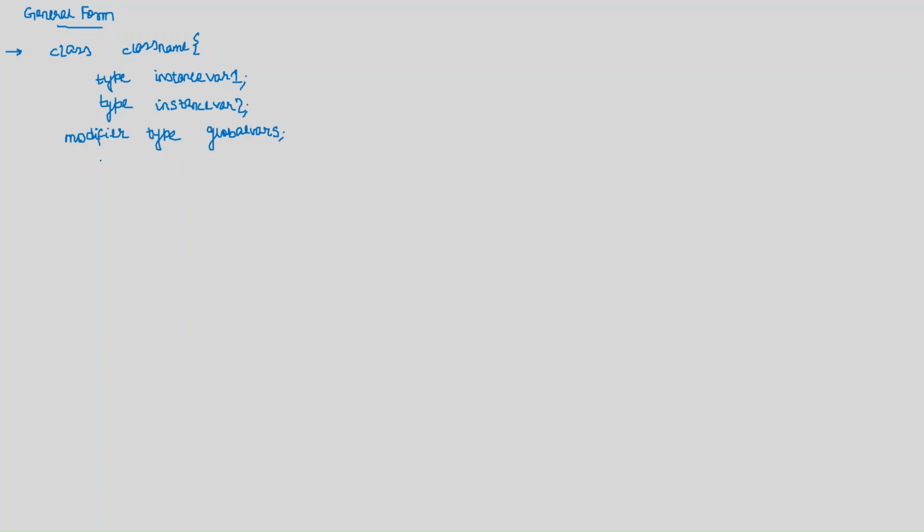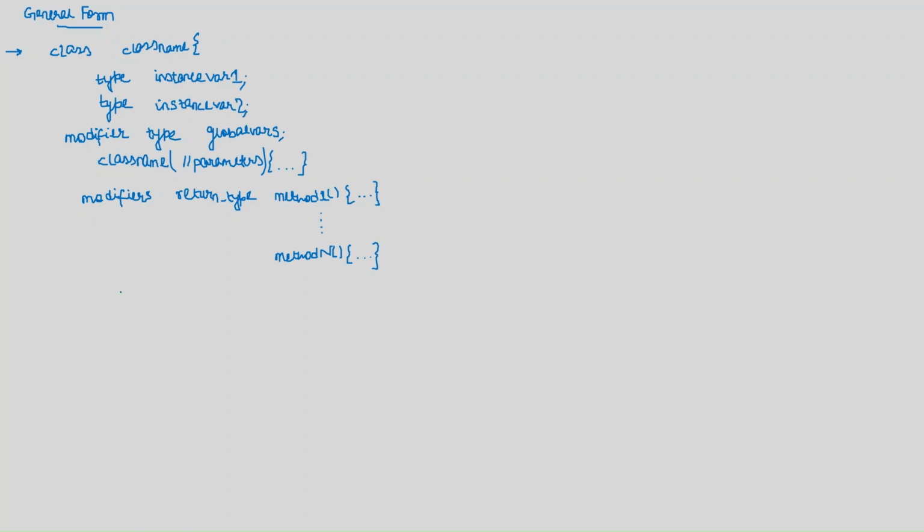Let's say the constructor is defined. Then we can have methods which define the behavior of a class, and then the body of the method, and in this way we can have methods up to method n.